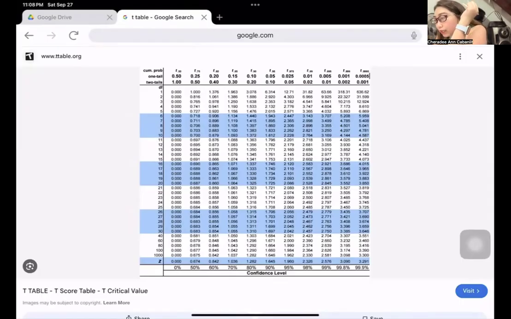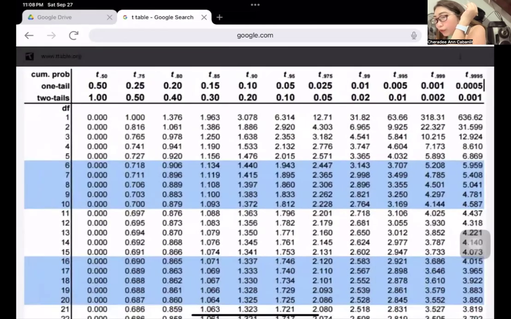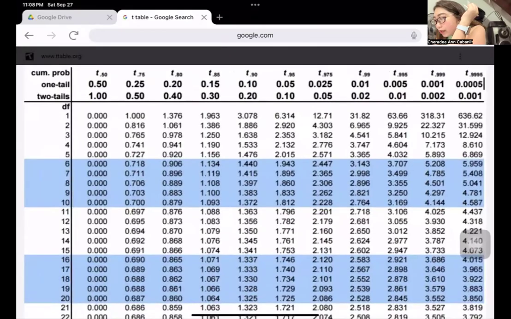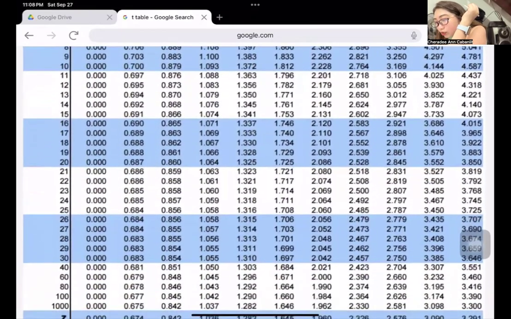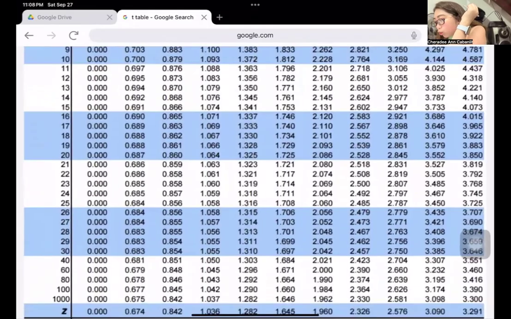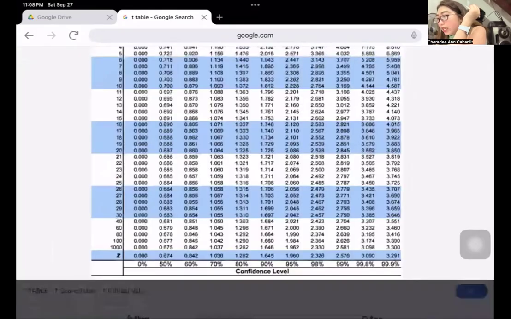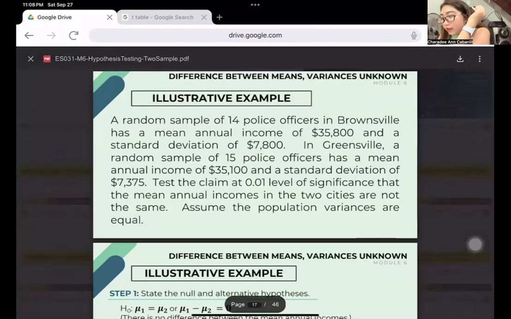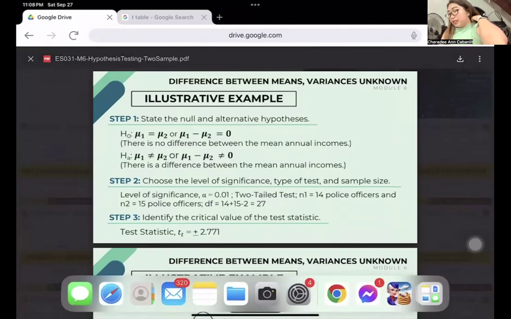Two-tailed at 0.01, so 27. Here, the value is 2.771. Can you see? 2.771. Let us verify if I am correct. Perfect.